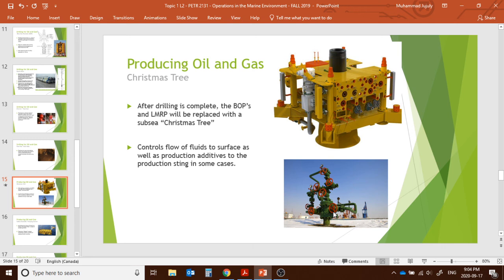So the BOPs and LMRPs will be replaced with a subsea Christmas tree. This is an example of a Christmas tree onshore, and the subsea Christmas tree looks something like that. It controls the fluid to the surface, as well as the additives to the production string in some cases.